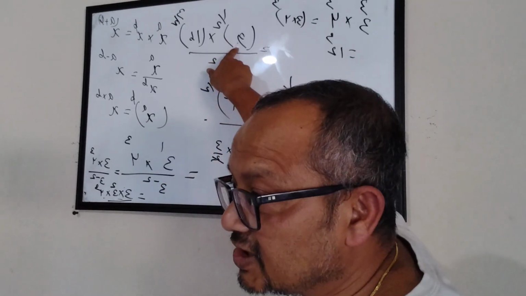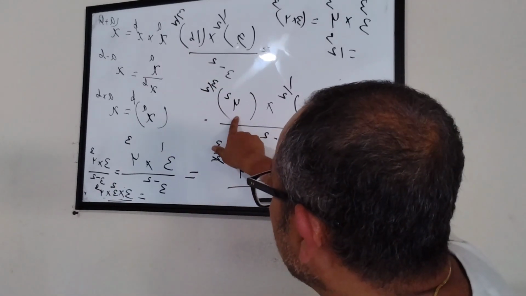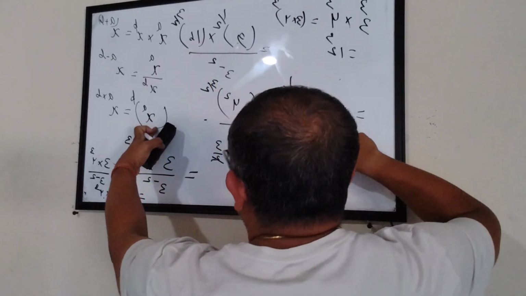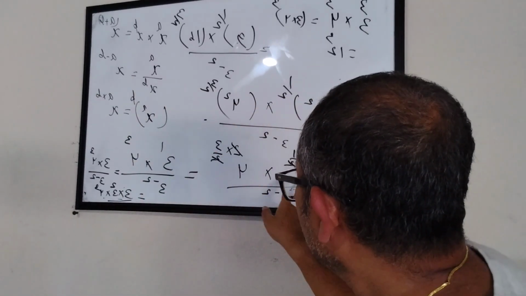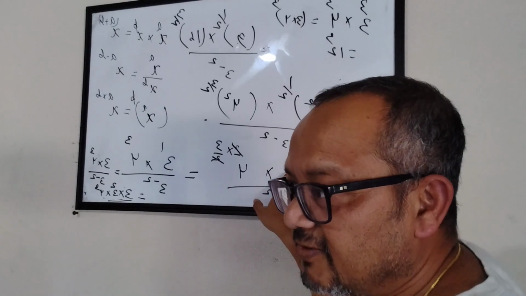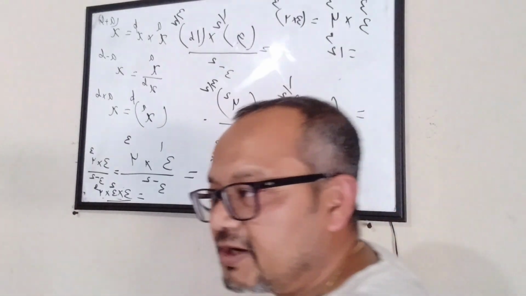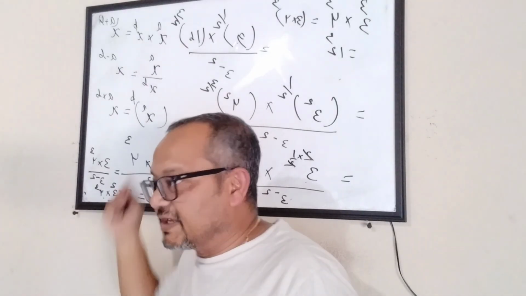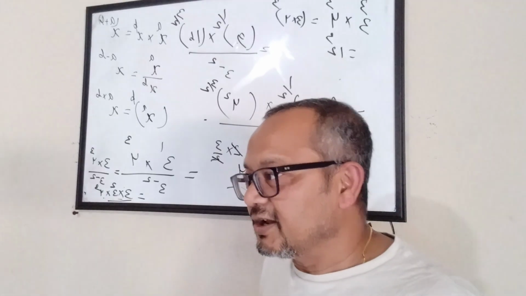I just converted this to a square, and this is what I got. And then I applied this formula, x to the power a to the power b. Simple. Very simple. I tried to scare you guys by giving something complicated like this, but when you try doing it, it's not complicated.